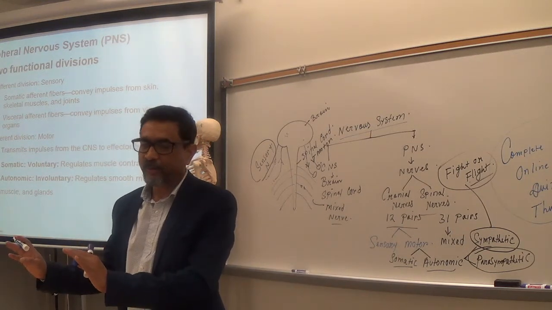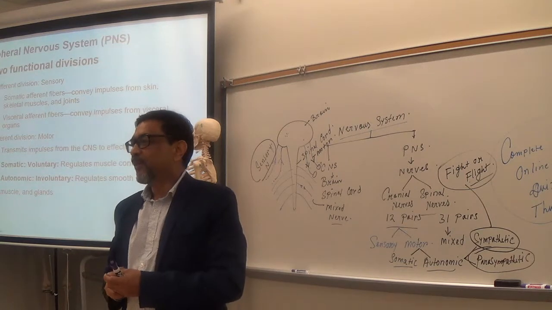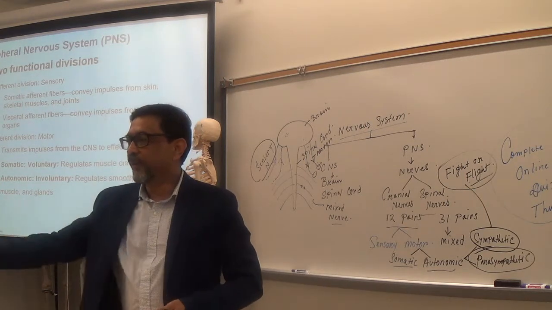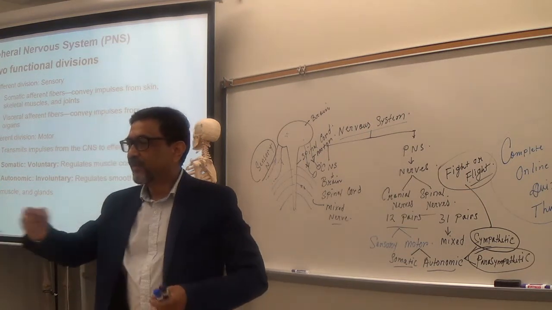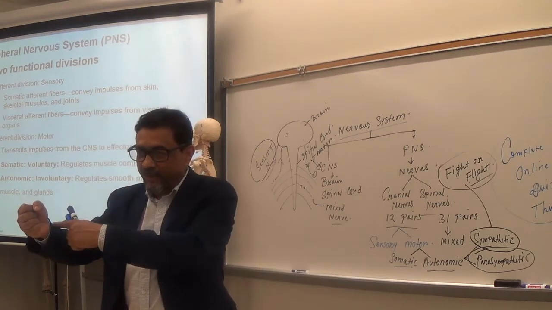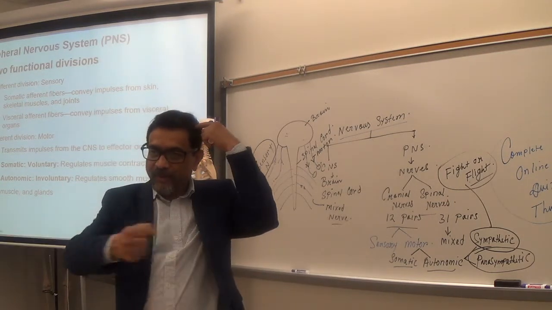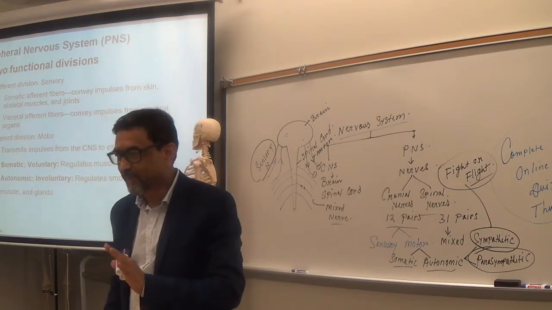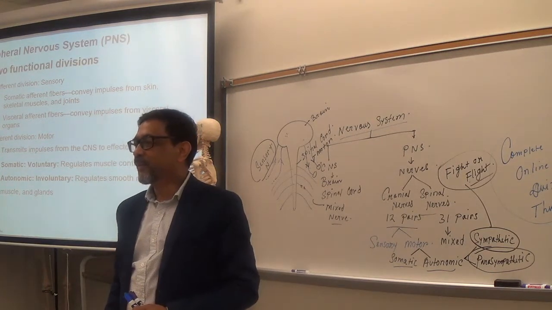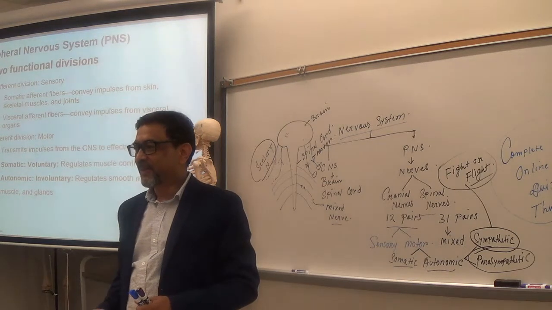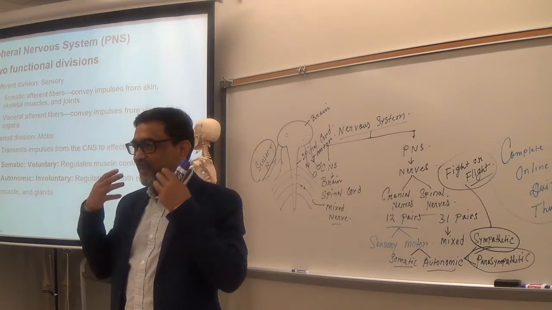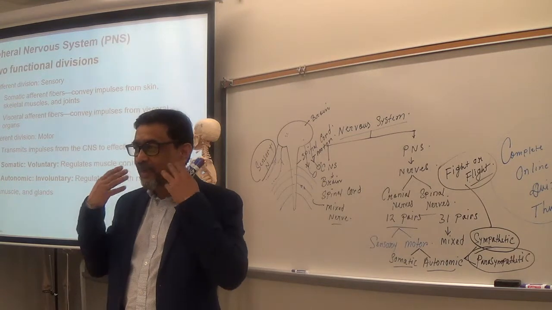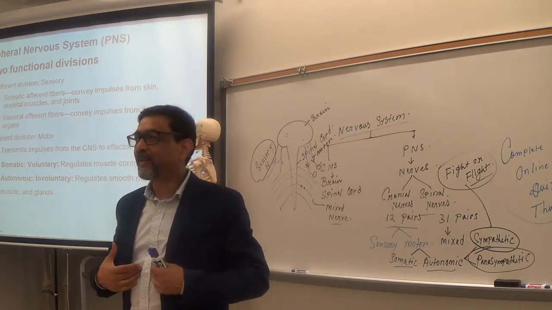So somatic is voluntary, autonomic is what? Involuntary. Now, when you decide you will move your hand, the brain sends a signal to the skeletal muscles, right? You move your hand. So is that voluntary or involuntary? Voluntary. Is it clear? So somatic. And when you see or smell delicious food, secretion occurs from the salivary gland, gastric gland. That is what?